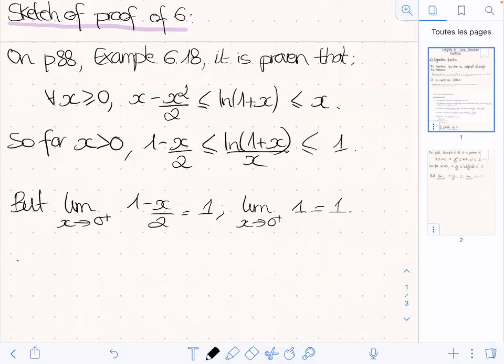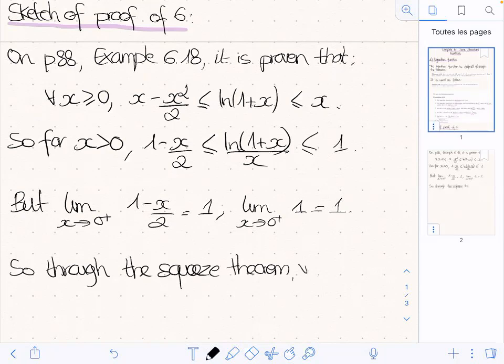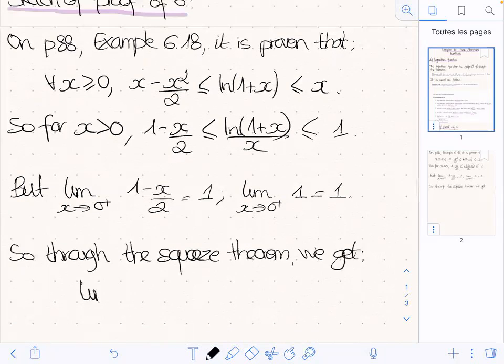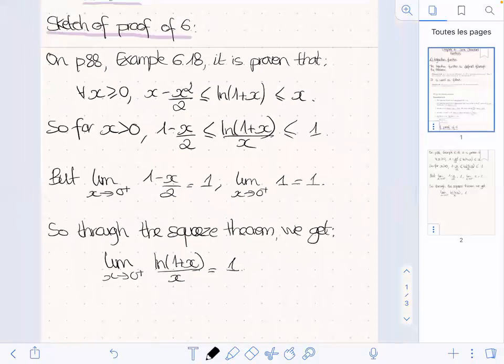So through the squeeze theorem, or the théorème des gendarmes, I think it's called the squeeze theorem in English, we get the result. We get the limit when x goes to 0 plus of logarithm of 1 plus x divided by x is equal to 1. So that's where this new property comes from.